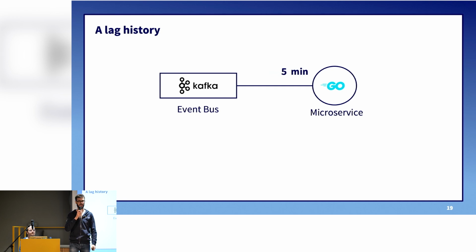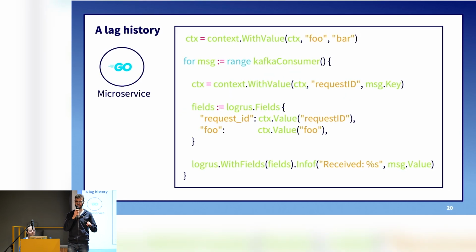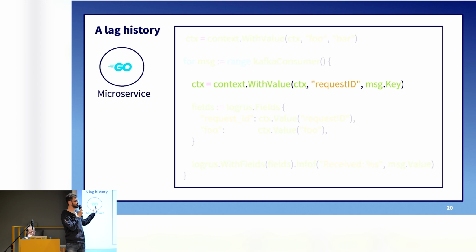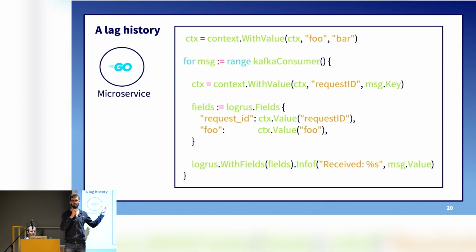What happened? Let's dig into the code a bit. Don't worry, it's not a conference about troubleshooting, but it will be short. So here is the code that consumes and processes the message. You have the consuming loop, and the first thing we do is add a request ID from the message value to our context in order to log it.